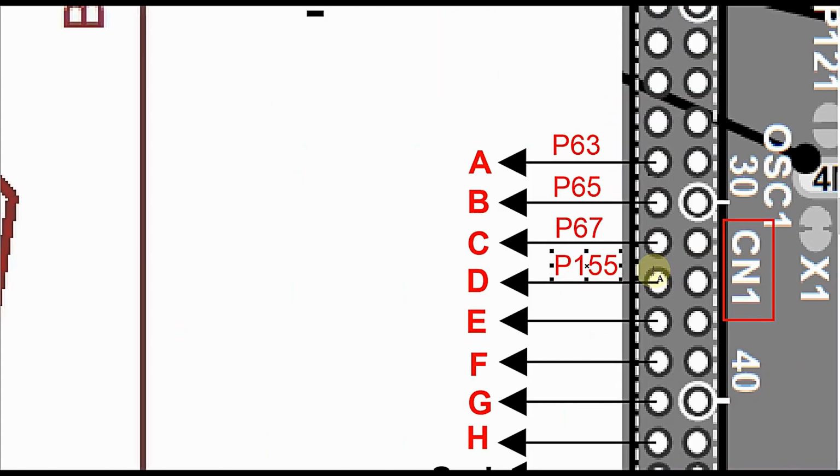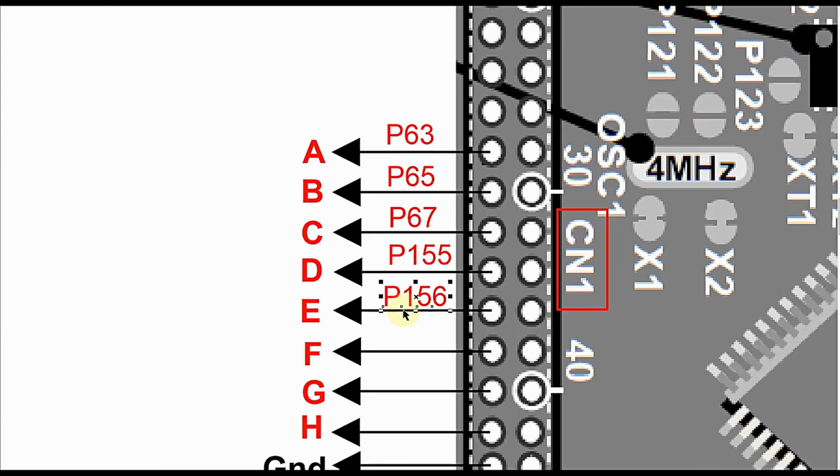The D terminal of the 7 segment will be connected to the pin P155, which is available in the CN1 connector pin number 33, and E terminal will be connected to connector pin number 35, and so on, up to CN1 connector pin number 37.